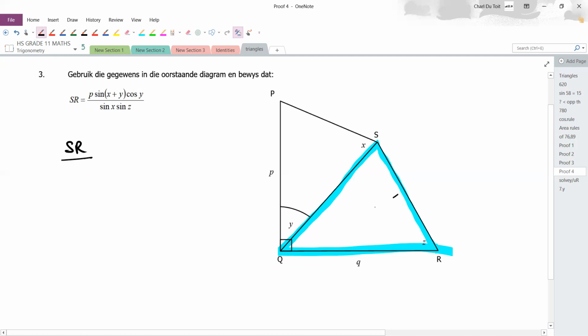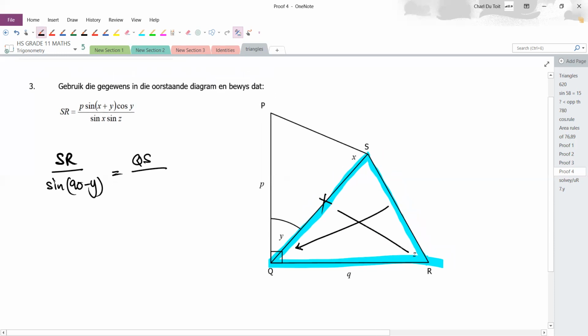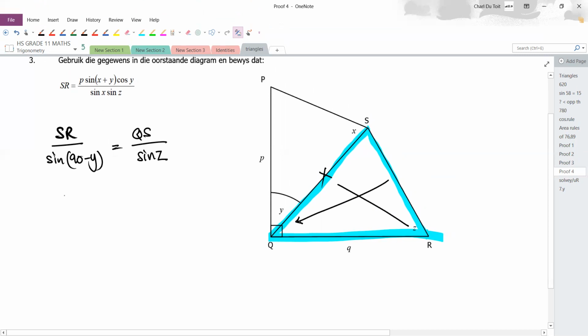on top of that angle there, which is 90 minus y, isn't it? Yes, sir. Sin of 90 minus y. And that equals, this is an important side because it transitions from the one triangle to the other one, which is QS on top of sin Z. Good. I'm just going to simplify here.